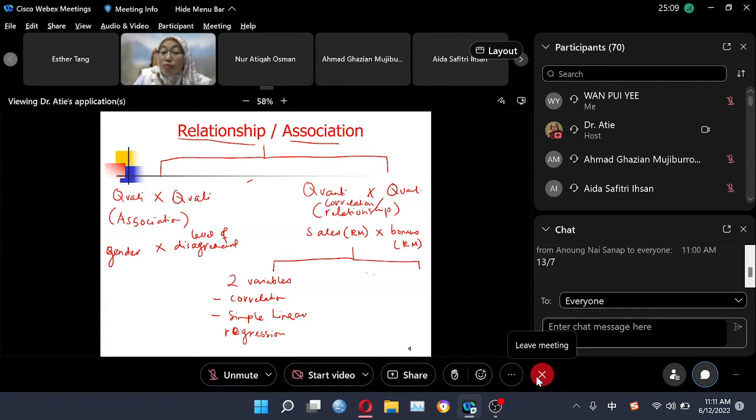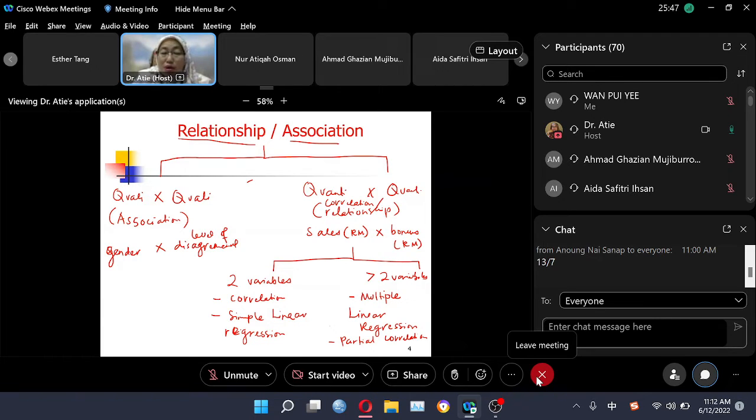And if we have more than two variables, then we need to use multiple linear regression, and also we can use partial correlation. Right. So basically, this is what we need to do in these three weeks.